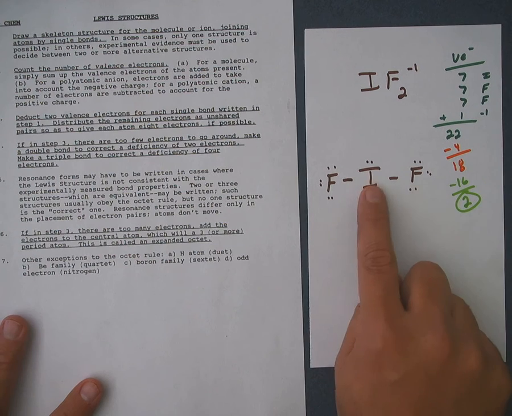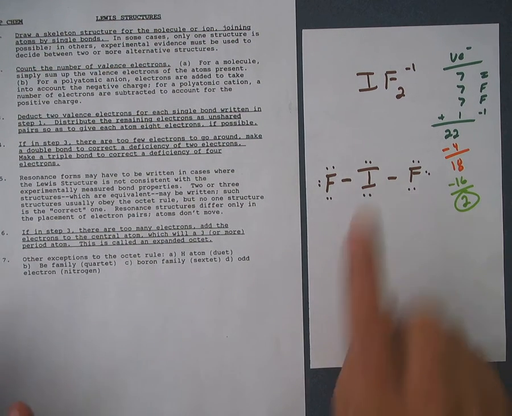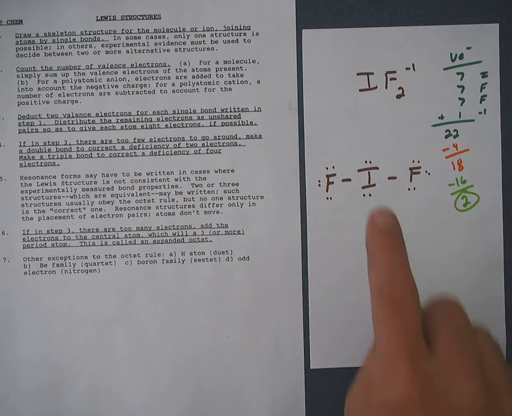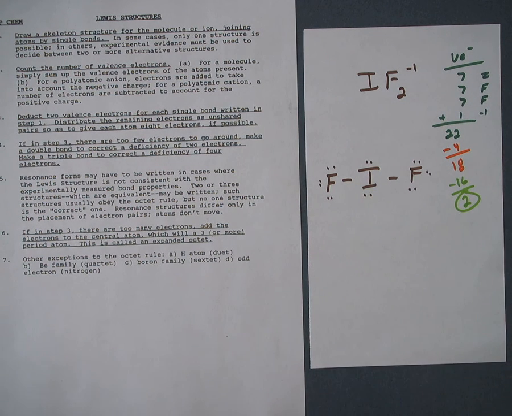So if the middle atom is large enough, it can hold more electrons because it can access d orbitals. Remember D-shaped orbitals? The oxygen and fluorine and nitrogen, they're too small. They're in the 2p sublevel, and that means that there are no 2d orbitals existing to expand that energy level.